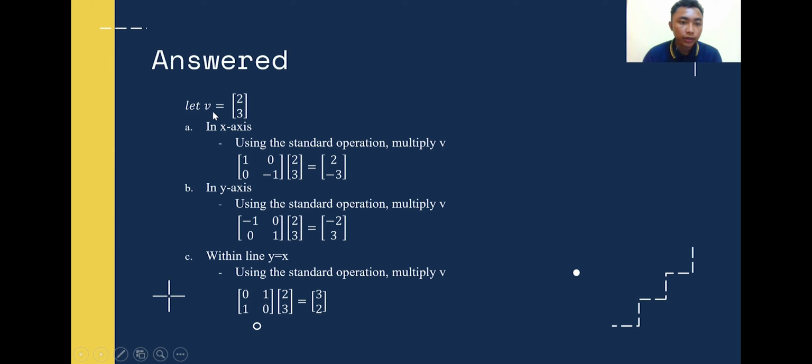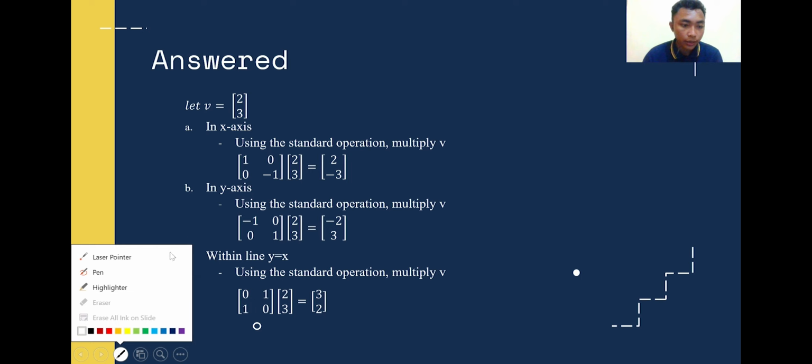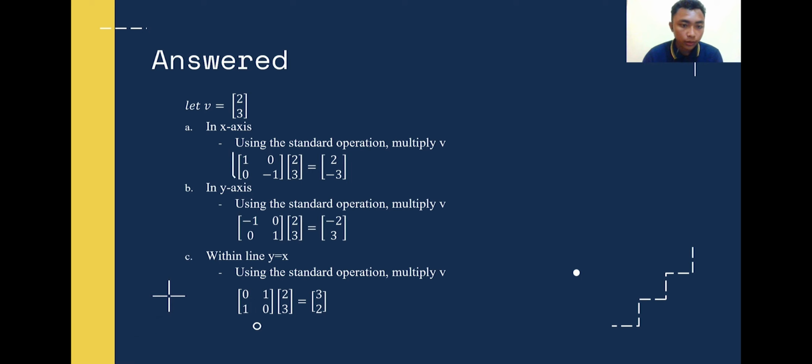For example, we have coordinate 2, 3. For the x-axis, if we use matrix multiplication, the formula is like this: 1, 0, 0, minus 1, and we multiply the coordinate with that formula.